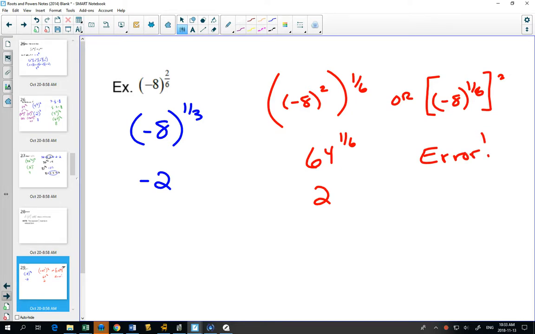We have issues here, right? You know how you're not allowed to take the square root of a negative number? You can't take the 4th root of a negative number. You can't take the 6th root, the 8th root, the 10th root, the 12th root, the 14th root, the 16th root, and so on, forever and ever. What roots can't you take of negative numbers? Even numbered. If you have an even number root of a negative number, you will always get an error.